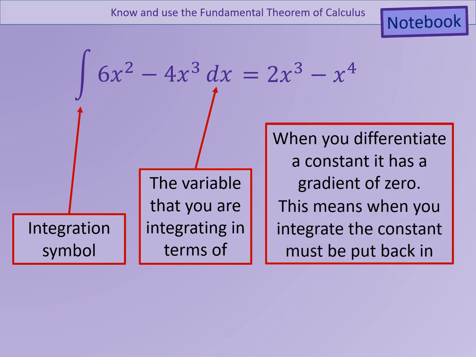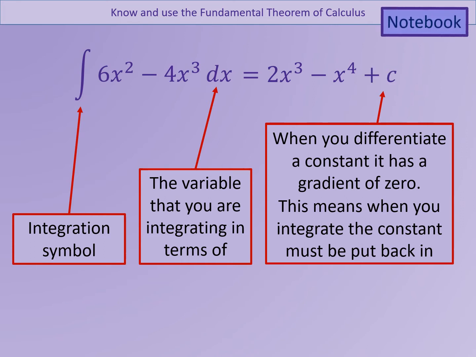So in every question that I do, I will have a constant of integration. There are a few special cases which we'll talk about in the next presentation, but for general integration like this, when I integrate a polynomial and I achieve my answer, I must remember to put my constant of integration in at the end.